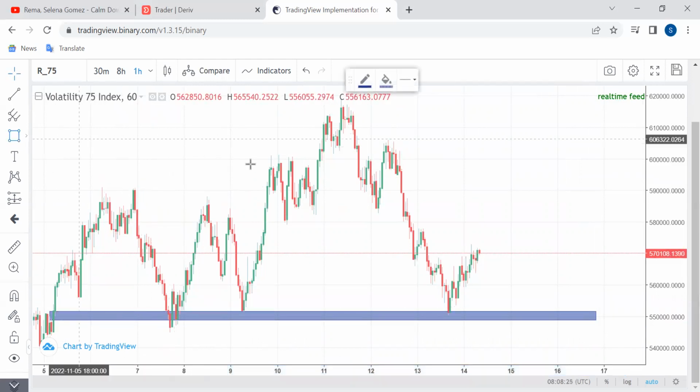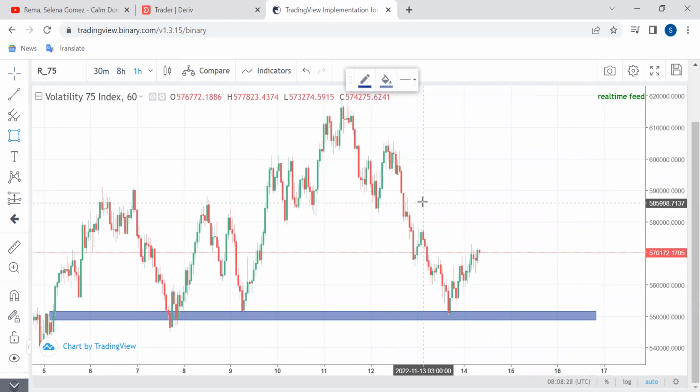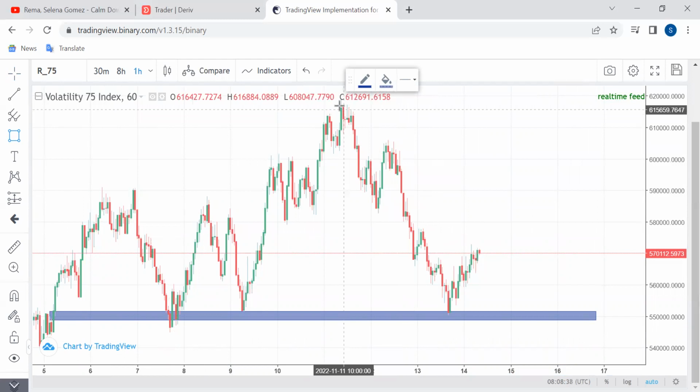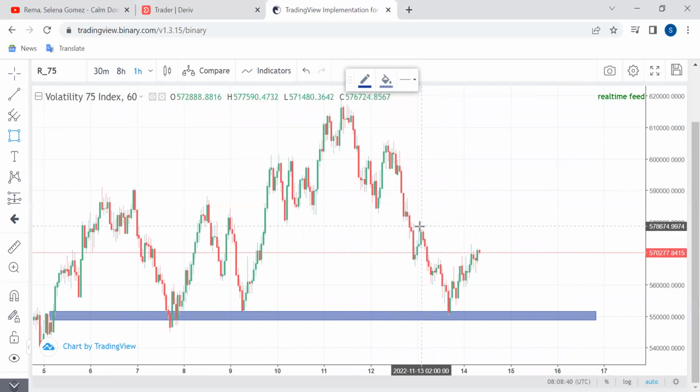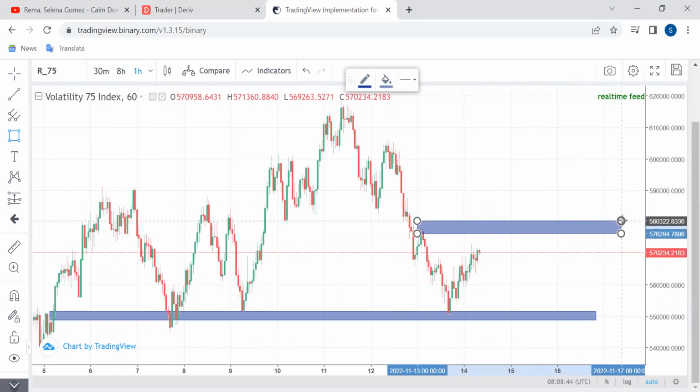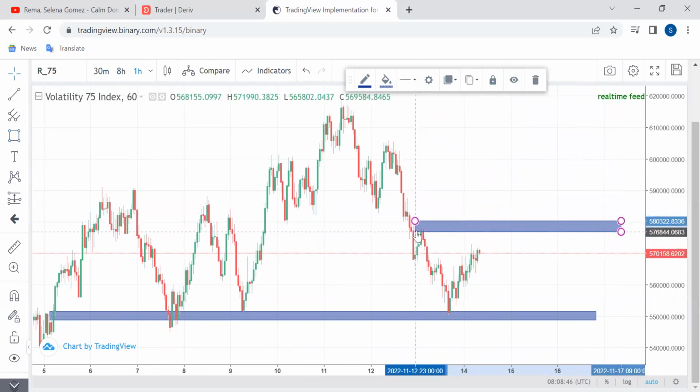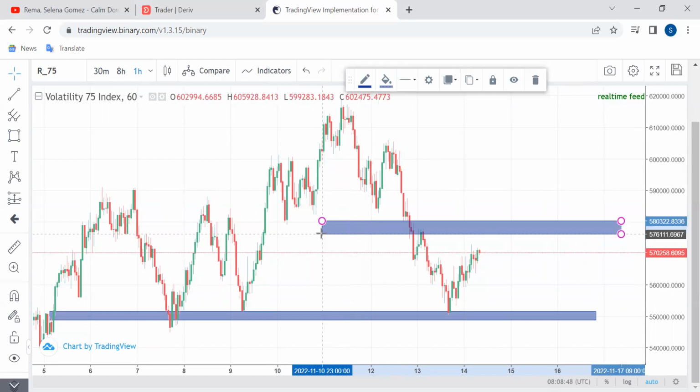And my resistance, which is my previous resistance, the most recent resistance zone that was formed. You don't go for the upper ones in this case. Now in this case, this is the one. This is my zone of interest. That one right there.